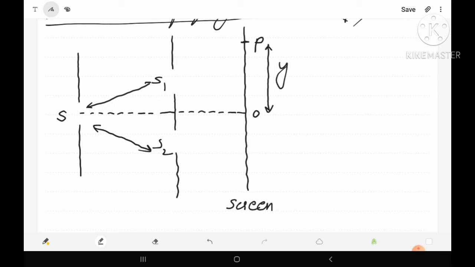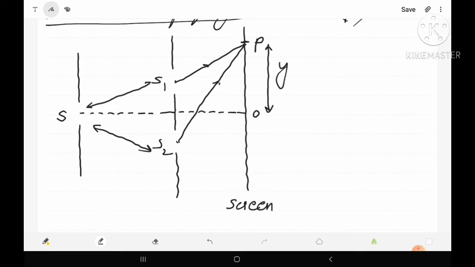It depends on the path difference between the waves reaching from S1 to P and S2 to P. The path difference between S1P and S2P will give the nature of the fringe formed at point P.